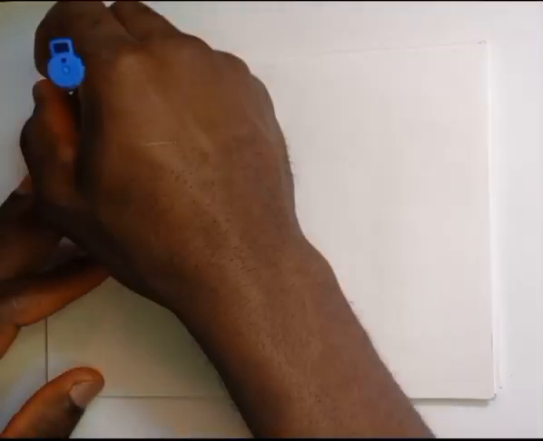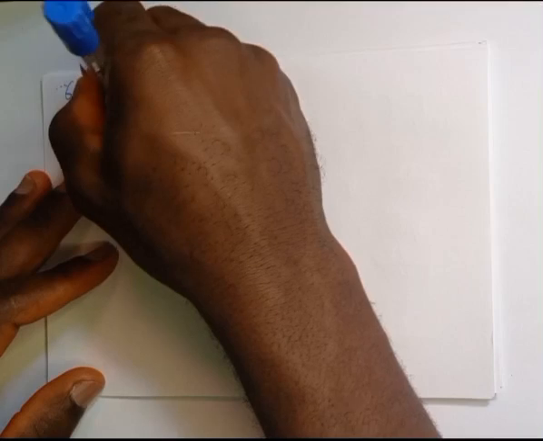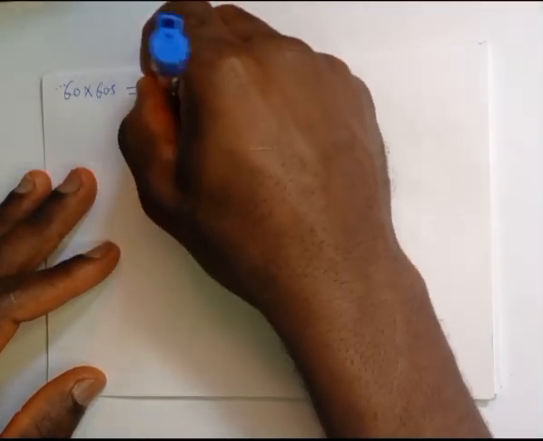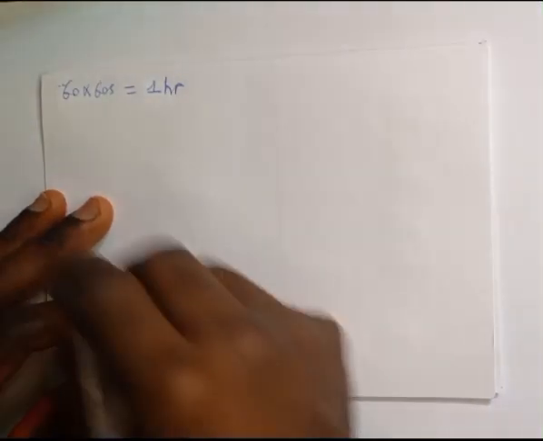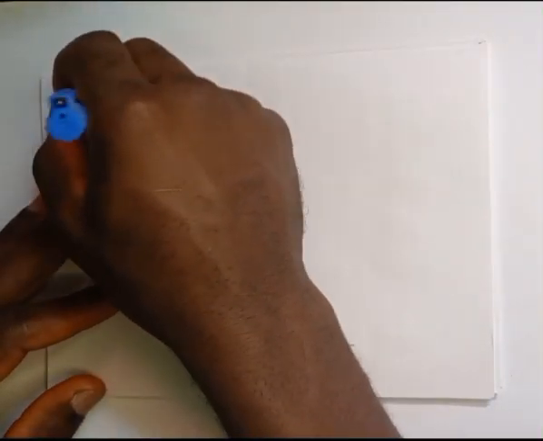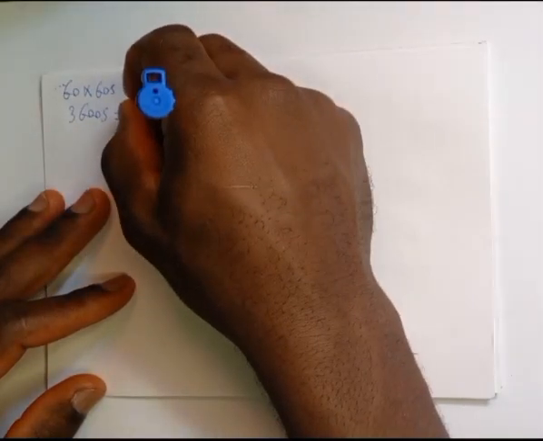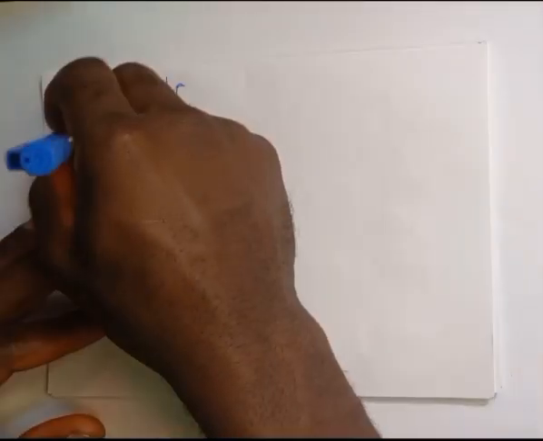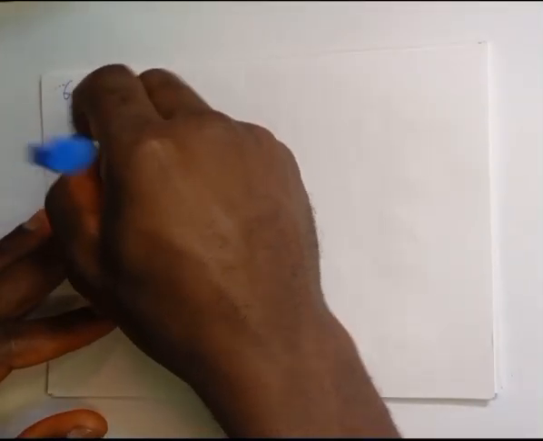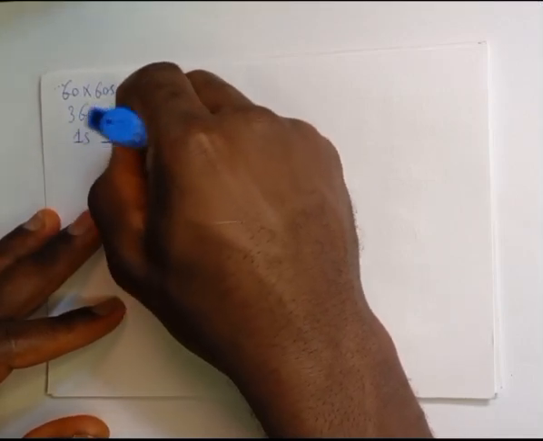We know in 1 hour, we have 60 times 60 seconds. This will give us 3,600 seconds to make 1 hour. Now we have to express 1 second in hours. 1 second in hours will simply be equal to 1 divided by 3,600.